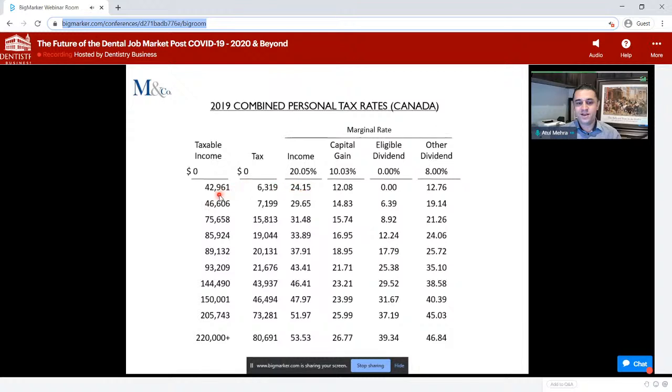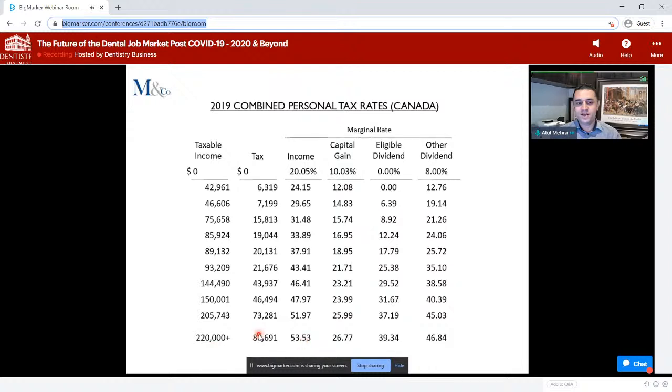That means for every dollar above $42,961, you're going to pay an extra 24.15 cents in tax. So this is what we call a marginal system, because as the tax brackets increase, the marginal increase between the brackets is taxed at that rate. To simplify it, any income over $220,000 is going to be taxed at 53.53%.